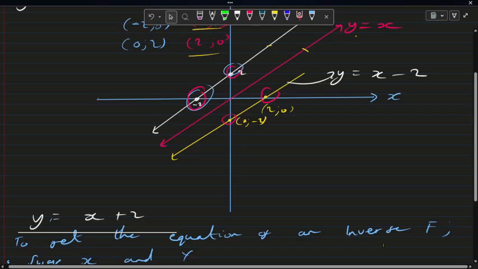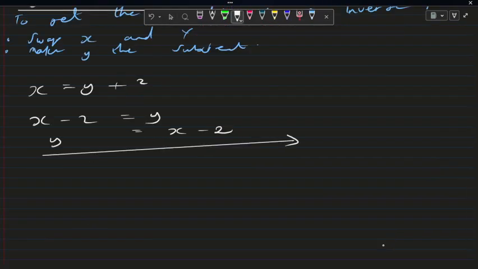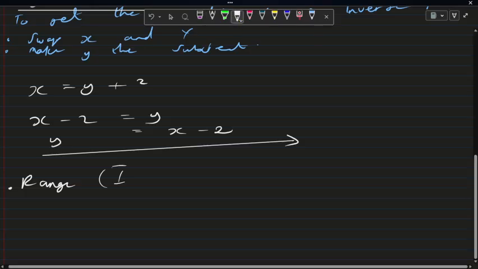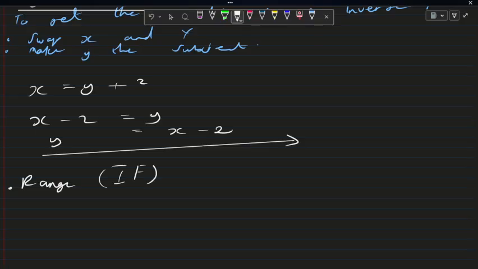Okay, so we can say that one thing that we see is that the range of the function becomes the domain of the inverse function.